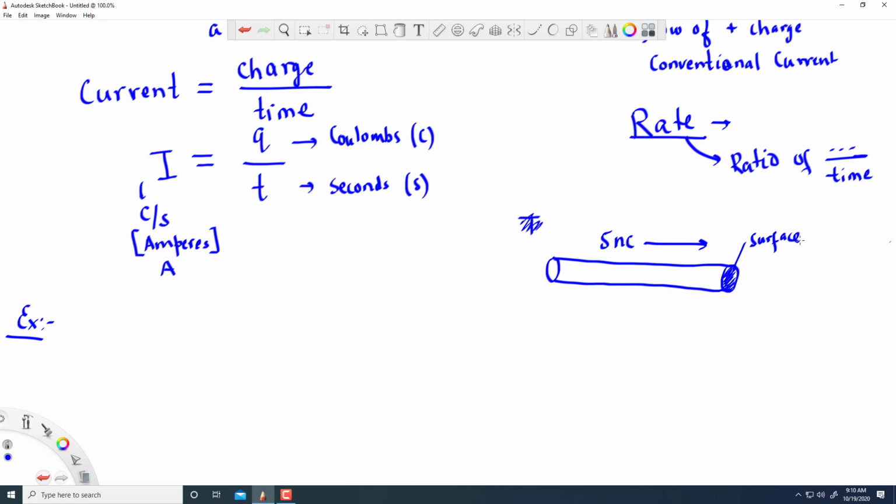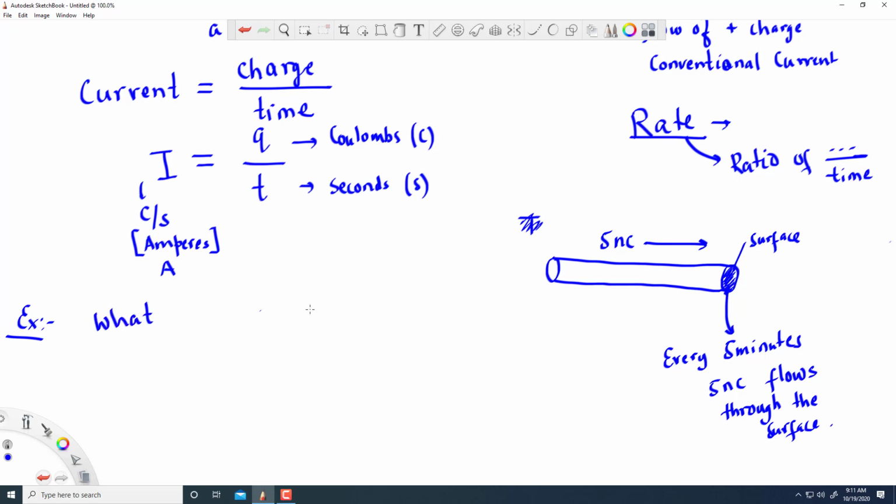Okay, so we have some kind of meter placed at that surface, and we are measuring how many charges flow through that surface, and we see that every 5 minutes, 5 nanocoulomb flows through that surface. Okay. So then what is the current in the wire?